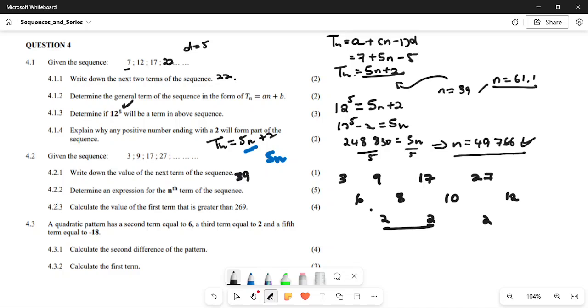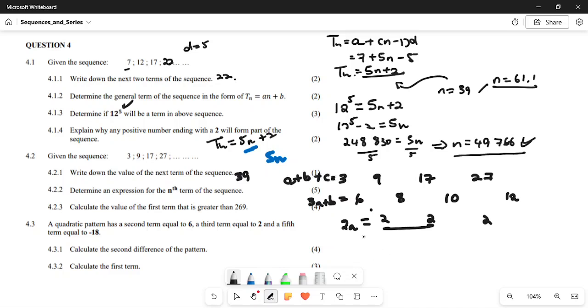And then the second question, determine an expression for the nth term of the sequence. Okay, so we are just finding the nth term of a quadratic number pattern. We can say 2a is equal to 2, and then 3a plus b is equal to 6, and then we have a plus b plus c is equal to 3.